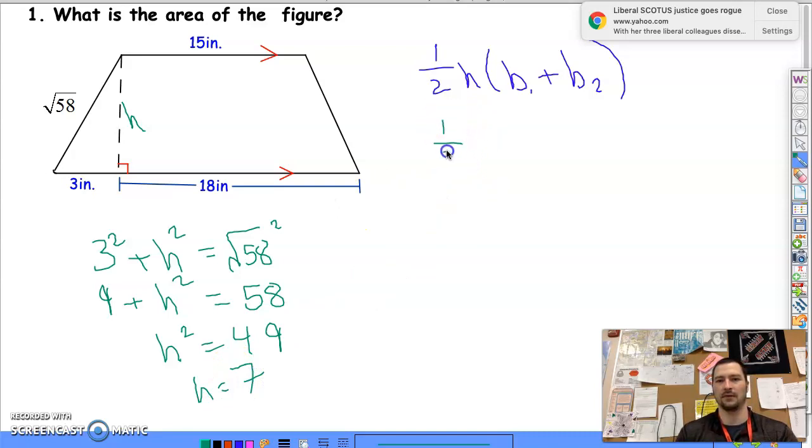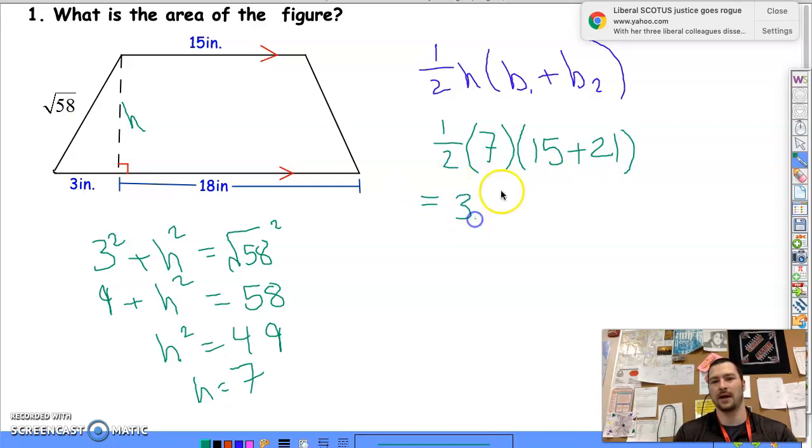So we have 1/2 of 7 times our bases added up. This base is 15, plus the bottom base looks like 18 and then 3, so 21. That gives me 3.5, because that's half of 7, times 36.